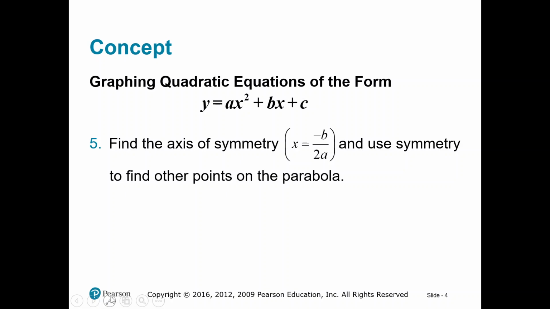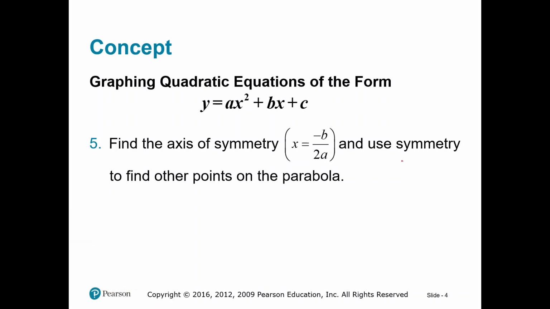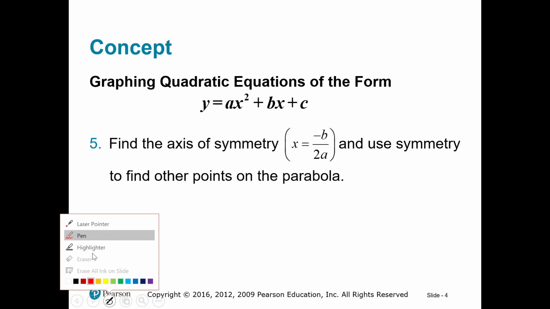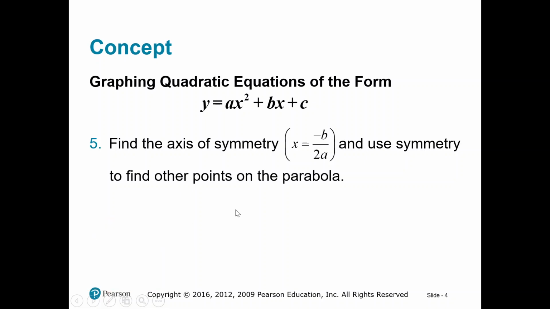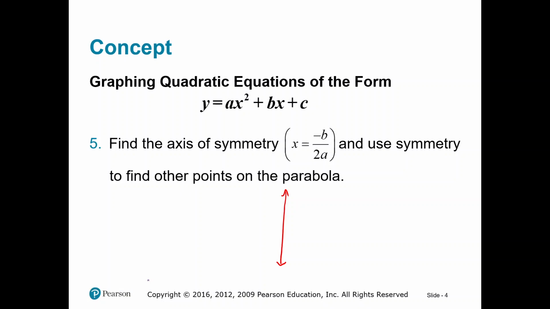Now, what is the property of symmetry? Let's say that I have a line of symmetry like this, and two points, one on the left and one on the right.